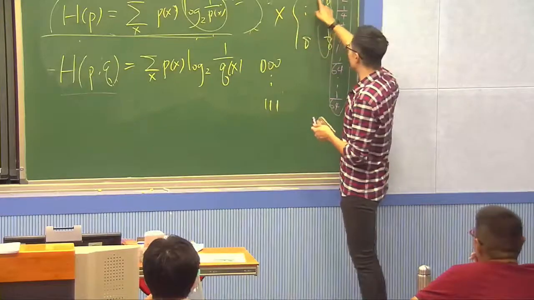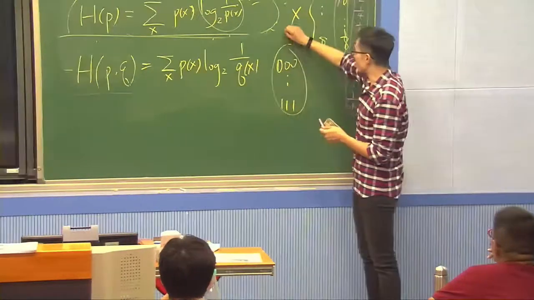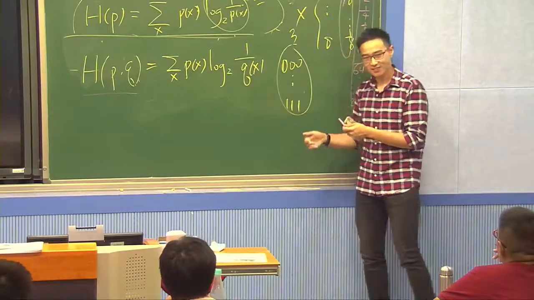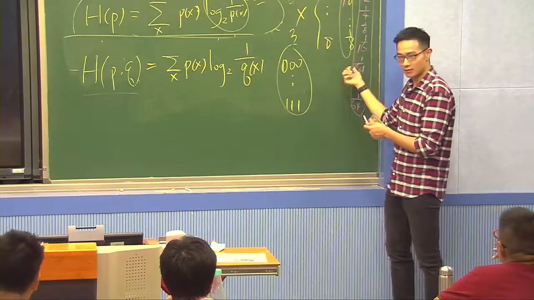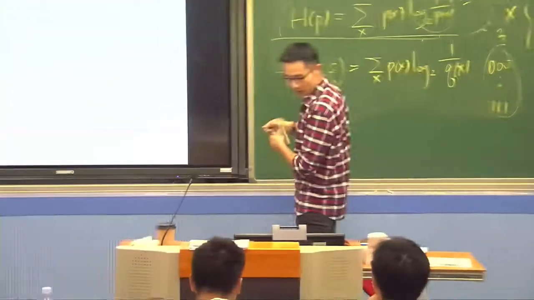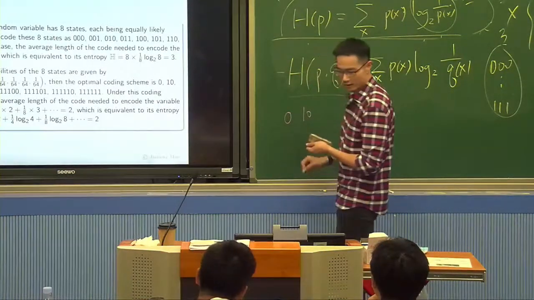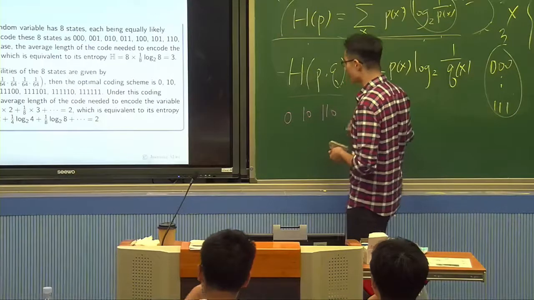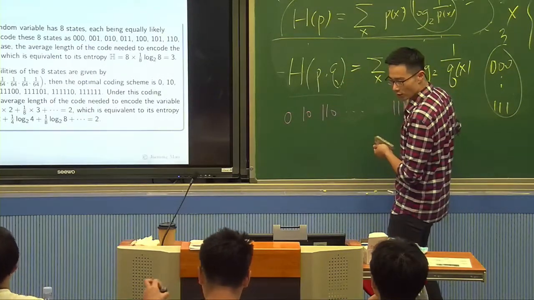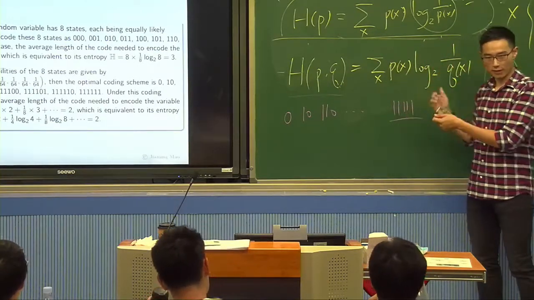But in fact, it's not uniformly distributed. As long as we believe it's uniformly distributed, this is our best coding scheme. We are using 3 bits. But what is the actual best coding scheme? If we know the true p, then there's a different way to code it. We use 0 for the first state, 10 for the second state, 110 for the third state, and we can continue until 111111. Six bits in the end for the 8th state.